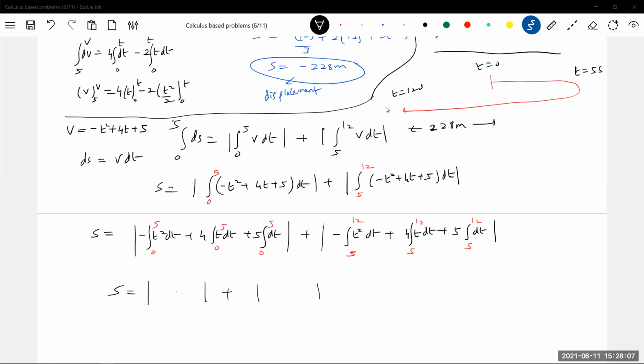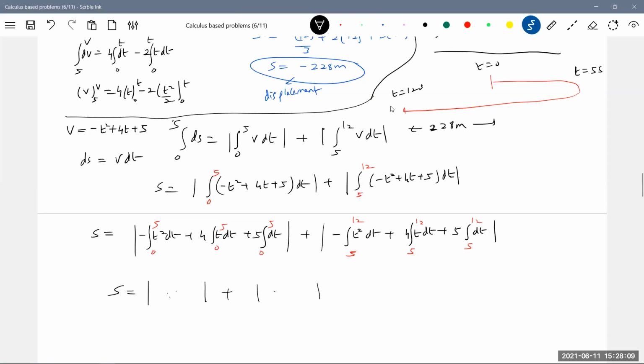Total value. No, I want this mod value. You tell me so that it'll be easy for me. This value I want. The left mod. First mod is 100 by 3. Preksha, okay, 100 by 3. Negative. Positive.